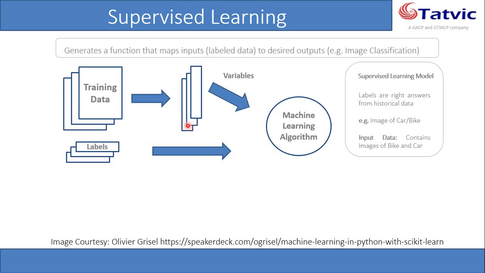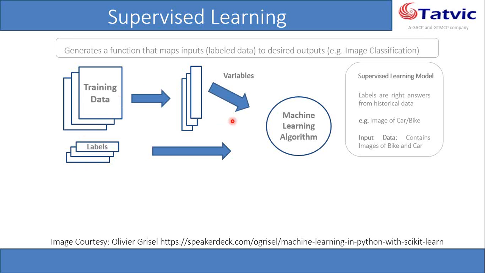These are variables. Variables might be whether the image has round edges, whether the image has square edges. Labels are right answers. Right answers might be this particular image is a bike, the second image is that of a car.